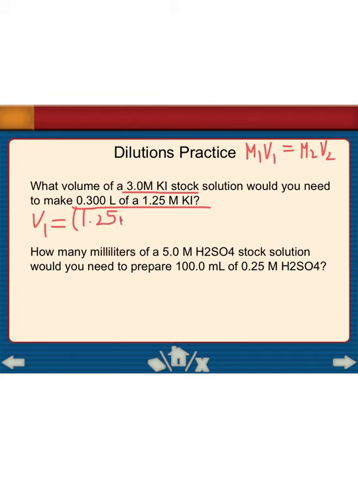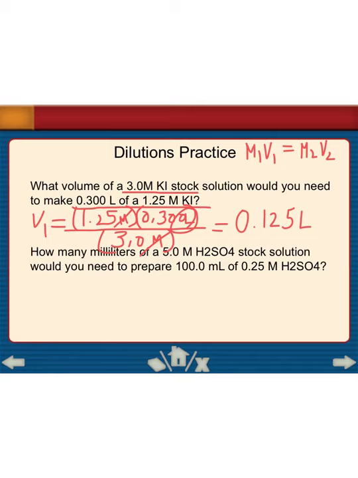So again, we're going to have V1 equals 1.25 molar, that's the concentration we're going for, times 300 milliliters or 0.300 liters, and we divide by M1, which is 3.0 molar. That's our stock solution. Cancel units, you end up with liters, and therefore the final answer would be 0.125 liters of the stock solution.